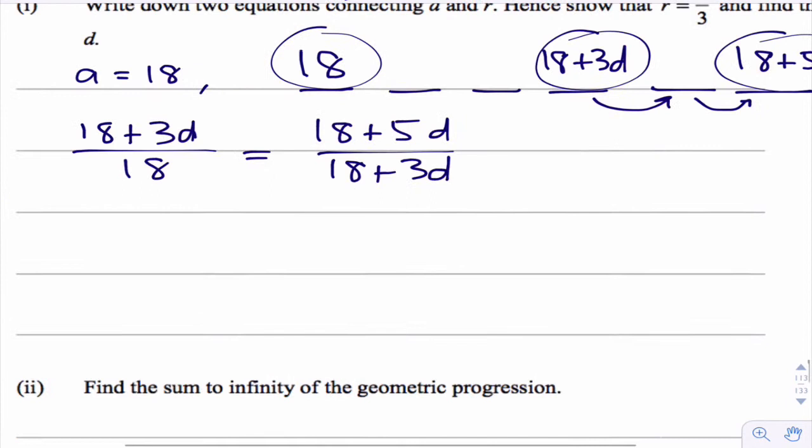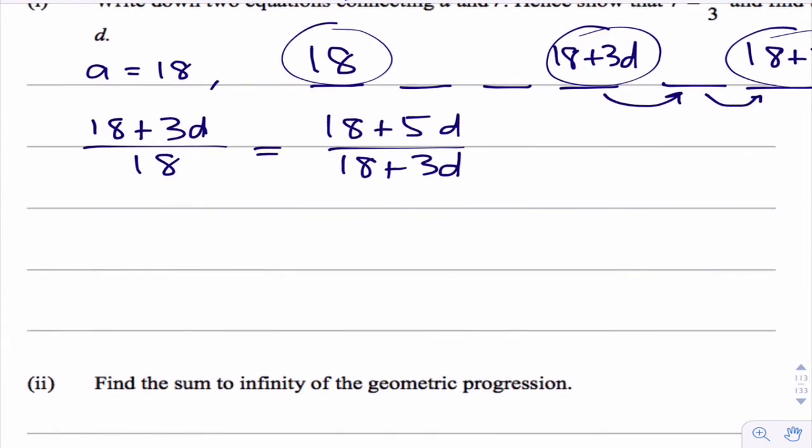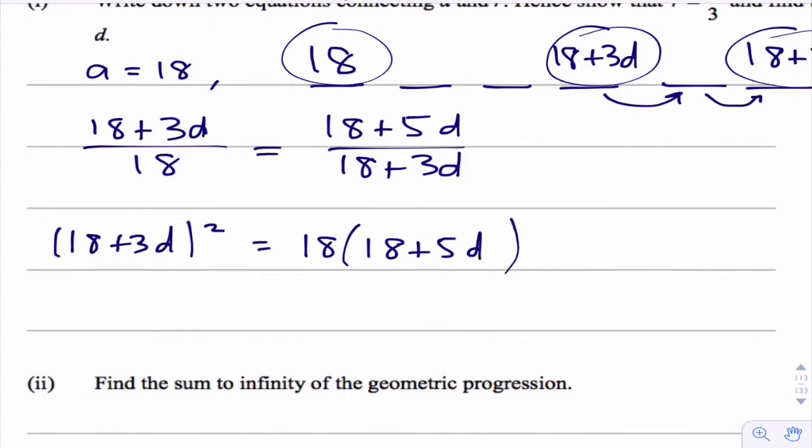So we need to now solve this equation. This is a bit of a mission. I would suggest now that you could get your calculator out. You certainly could solve it without your calculator. You could multiply both sides by 18 plus 3d and multiply both sides by 18, which would give you this expression. Okay, you could expand out the brackets.